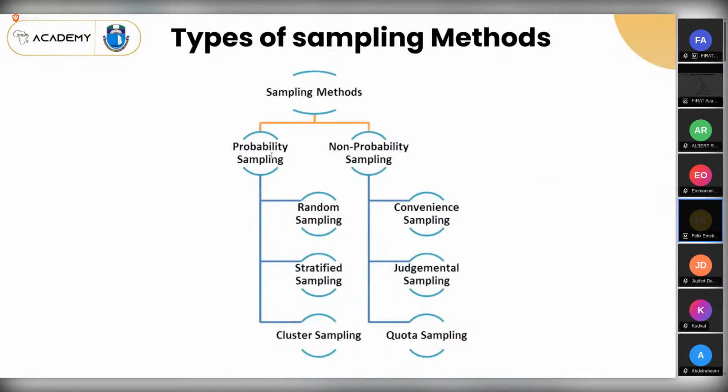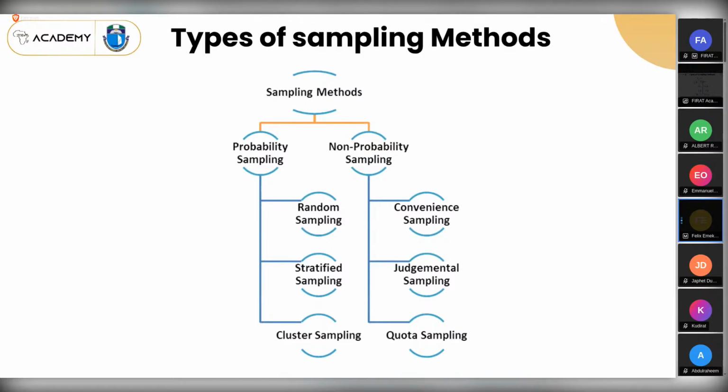So types of sampling methods, we have the probability sampling and we have the non-probability sampling. Now, for most of us in the academics and most of us in research, they usually recommend the probability sampling because it has less sampling error, much more than the convenient sampling.